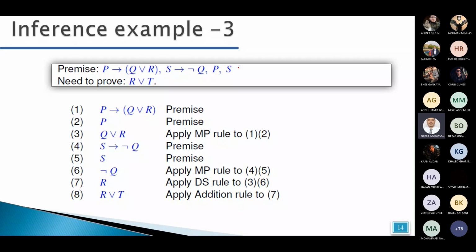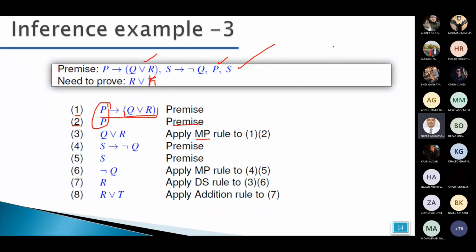Okay, so these are the premises, and this is what we need to prove: R or K. These premises are given to you, and this premise P is given to you. From statement 1 and statement 2, you can get this one using the MP rule.